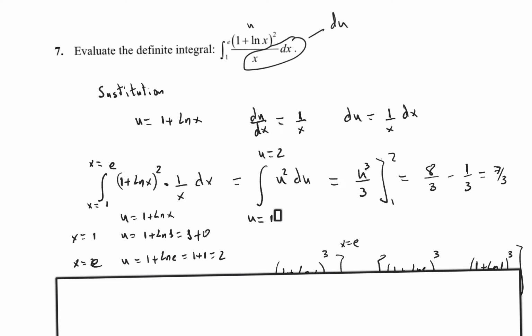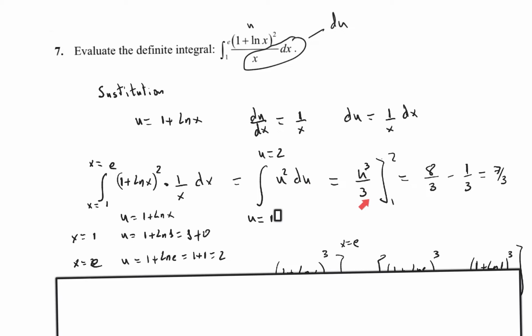So u at x equal e is 1 plus log of e, 1 plus 1, which is 2. So the integral will be from x equal 1, u equal 1, to x equal e, u equal 2, of u squared du.